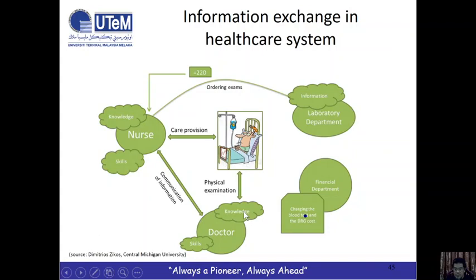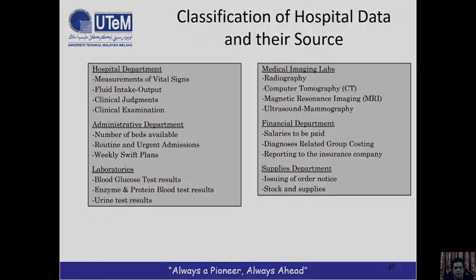So this was the previous chapter, part 1, and we also discussed the data sources, where the data is generated. Like I said previously, from radiology imaging data, financial supplies, hospital departments, administrative departments, and also the laboratories.